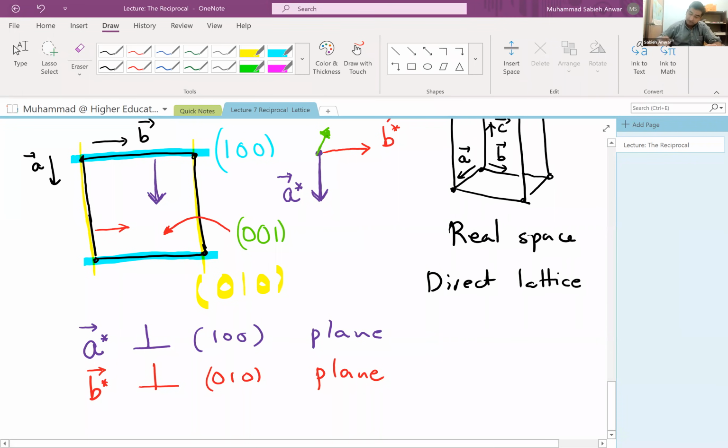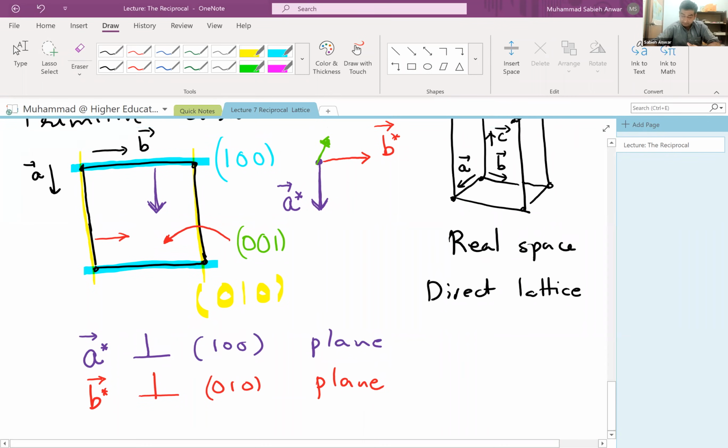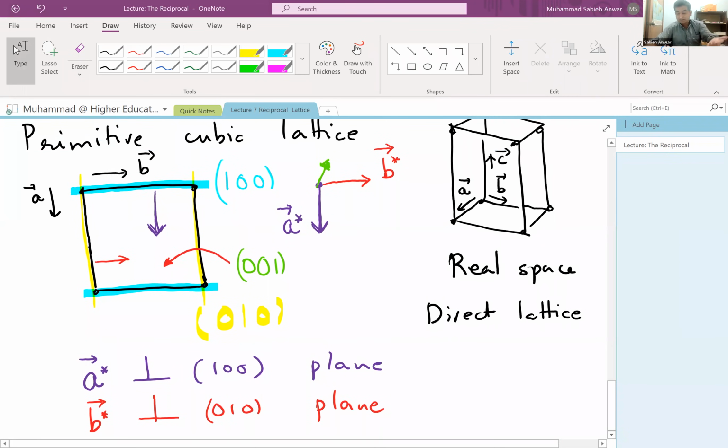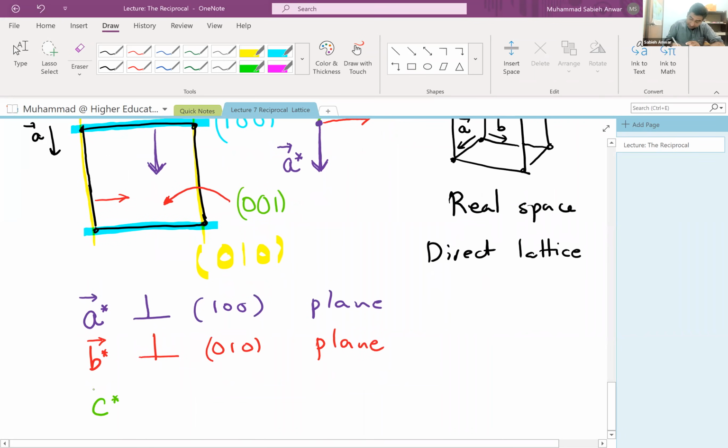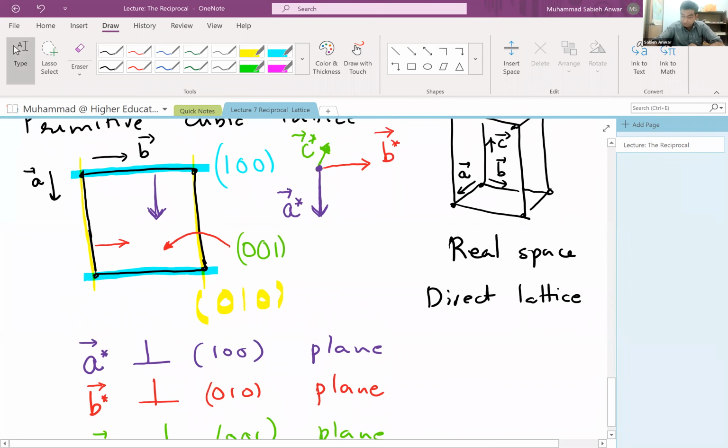Okay. So I'm not going to draw the green vectors again because I'm going to concentrate right now on the basal plane. All right, so this is my third vector, C star. And this C star is normal to the 0, 0, 1 plane. And keep in mind, I'm talking about the cubic system here.